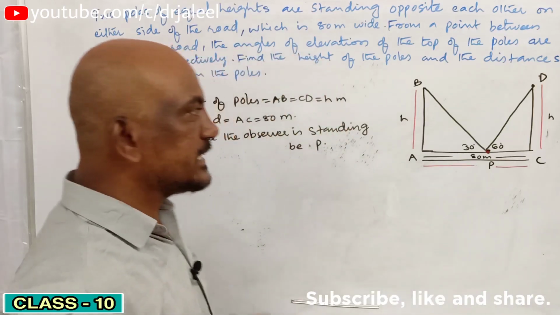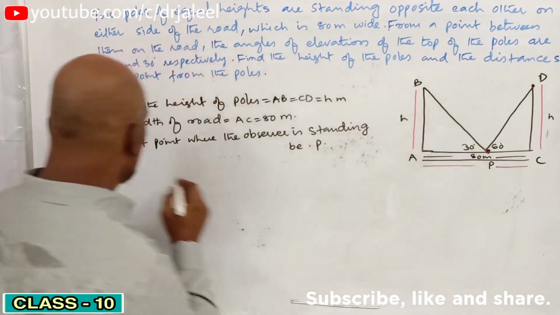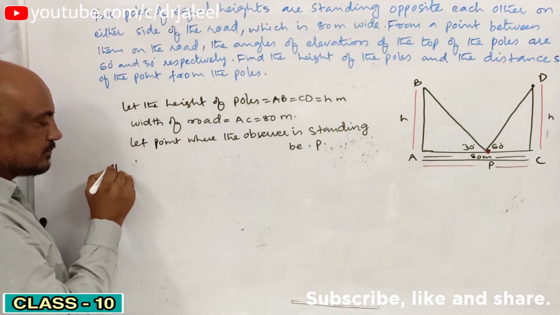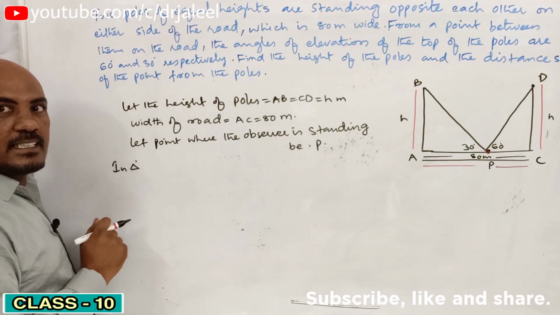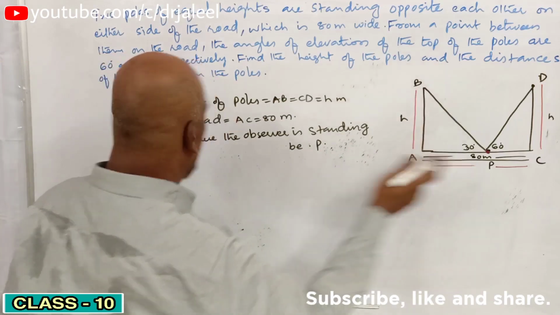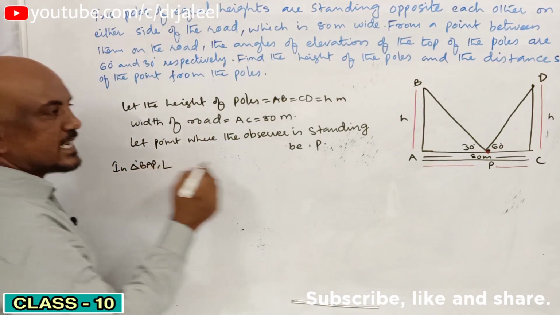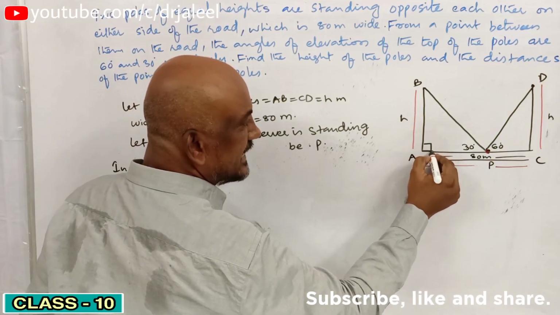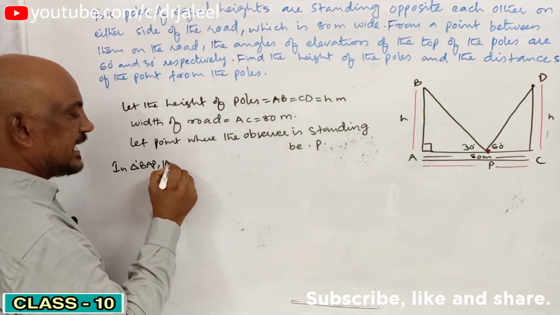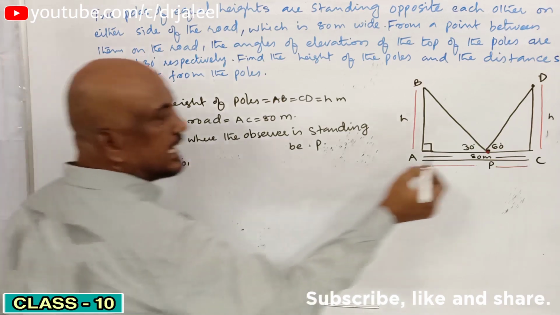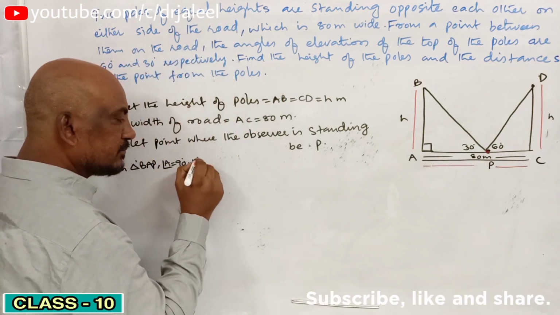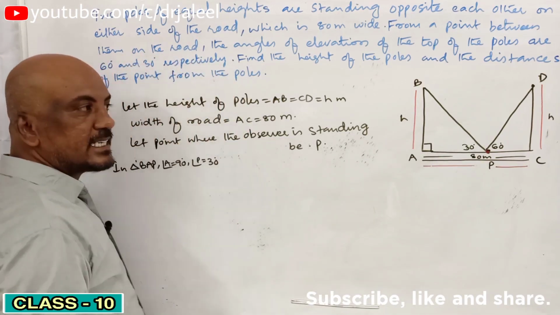So let us get into this triangle first. In triangle BAP, what is the right angle? A. Angle A is equal to 90 degrees and angle P is how much, beta? 30 degrees.